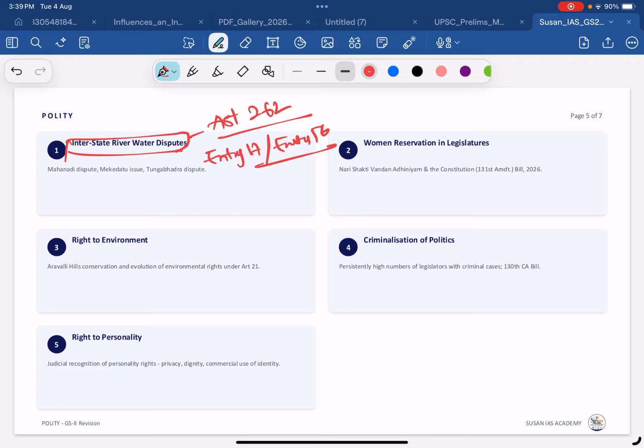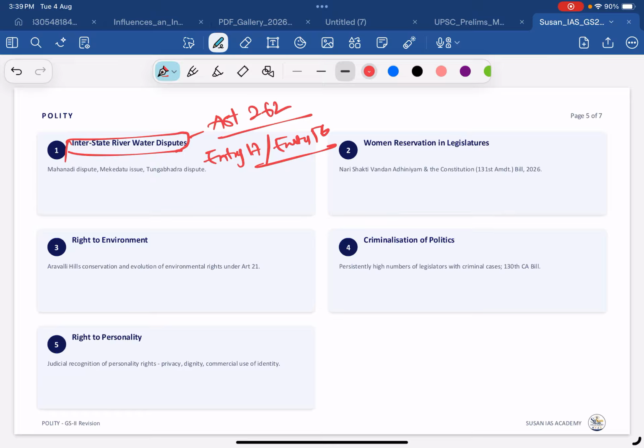One has to know about this topic entirely. And the Interstate River Water Disputes Act, river water tribunals, Supreme Court's role, and issues like Kaveri, Mahanadi, Mekedatu, Tungabhadra type disputes, right. And federalism and water sharing issues, permanent tribunal proposal. One has to read this topic, right.